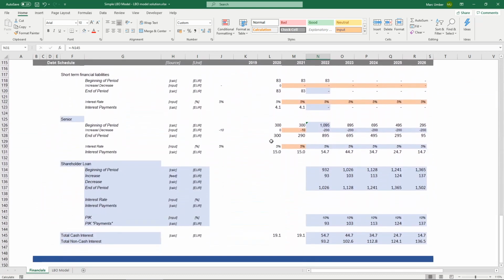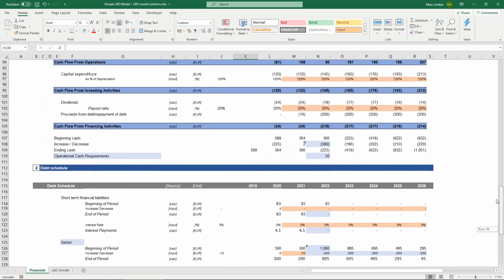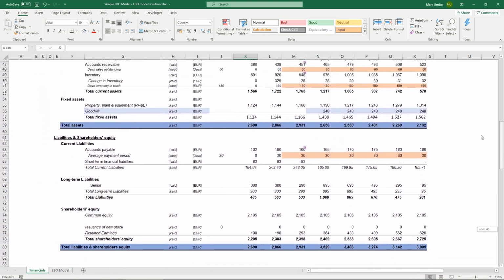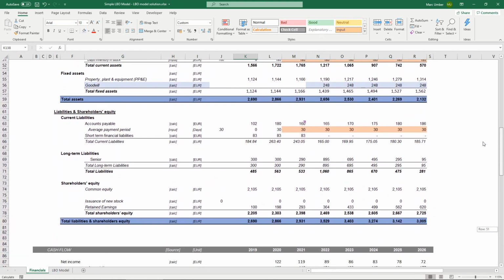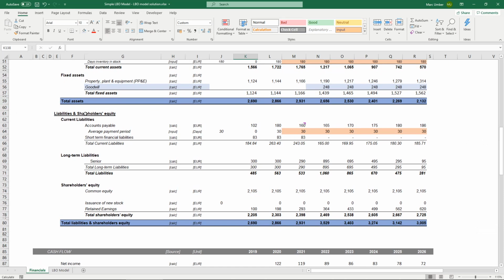Now that we have the debt schedule, we can introduce the new securities into our balance sheet. Let's scroll up to the balance sheet. Let's go to the liabilities and shareholders' equity section. We already have set the short-term financial liabilities equal to 0.